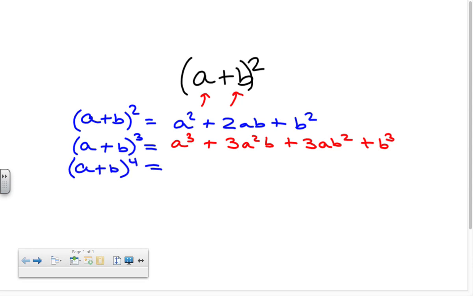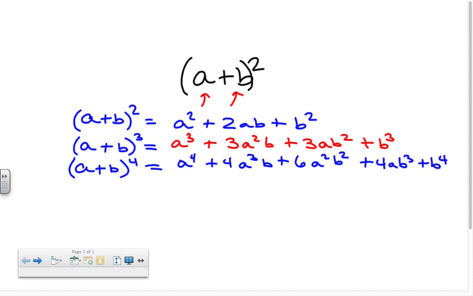Again, that's a plus b times a plus b times a plus b times a plus b. So the equation here is a to the fourth plus 4 a to the third b plus 6 a squared b squared plus 4 a b to the third plus b to the fourth.